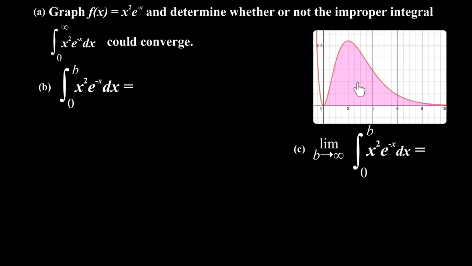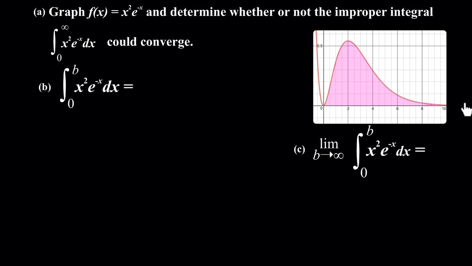Well, if you go back to your definition, the first thing we need to understand is, does the limit of the function approach 0? So you can see that our function is approaching 0 as you go to infinity. So could it converge? Yes, it could, because of that definition right there.